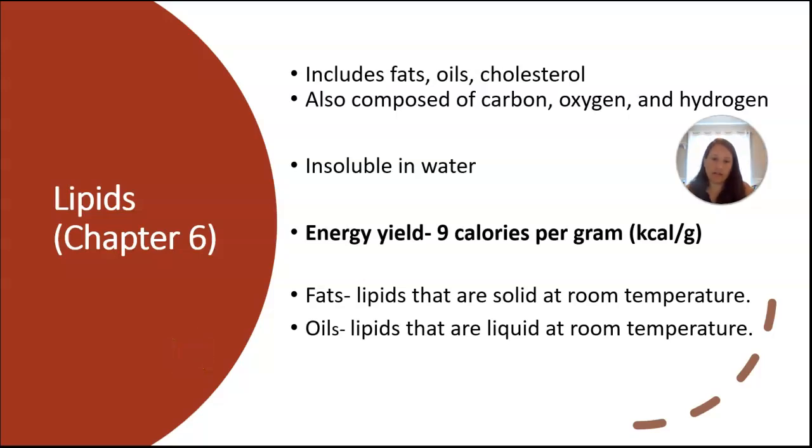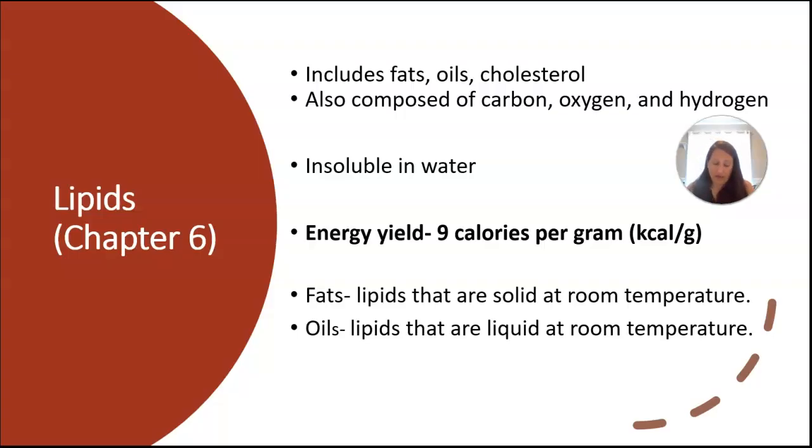Again, these are our second energy yielding type of nutrient. Lipids yield 9 calories per gram, so more than carbohydrates. Carbohydrates were 4, and lipids are 9. So they pack more punch. They've got more energy stored in their bonds. So for every gram of lipid that you consume, you're consuming 9 calories.